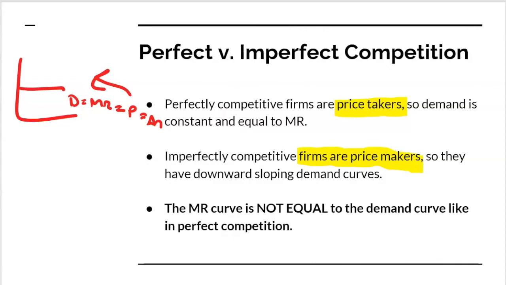And because of that, they have a downward sloping demand curve because they can just change the price as they see fit. It's important to know, and this is why it's bolded here, the marginal revenue curve is no longer equal to our demand curve. And we're going to go over why in the next couple slides. So the graph for imperfect competition, all three market structures, is going to look different compared to our graph that we talked about with perfect competition here.